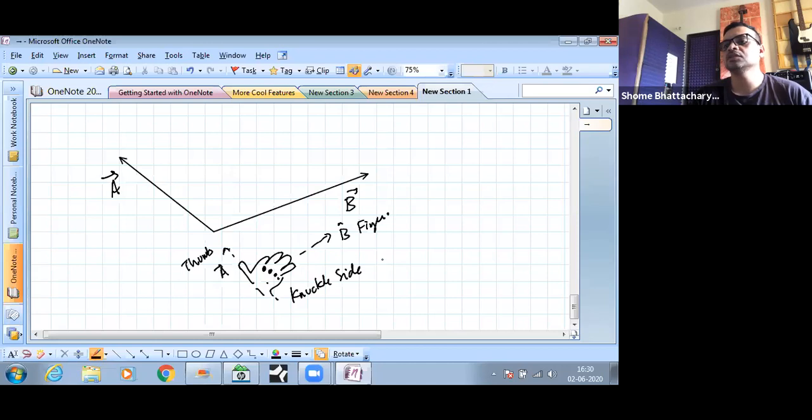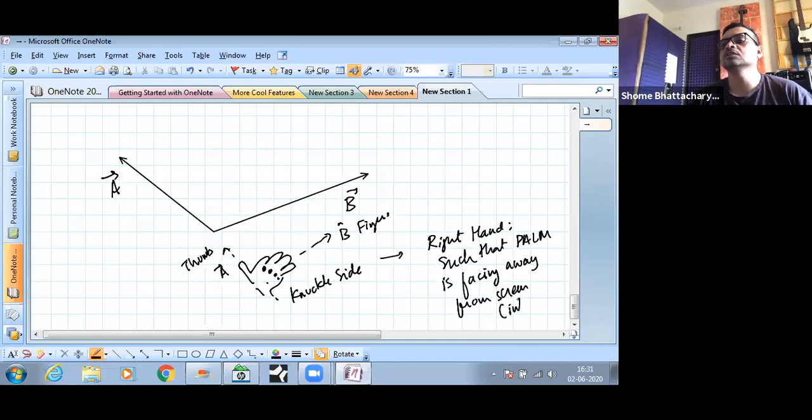So here your right hand is placed such that your palm is facing away from you, into the screen. Not outwards of the screen, but into the screen.